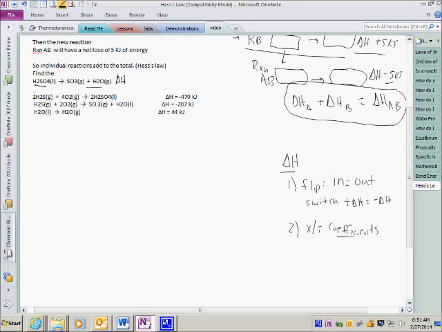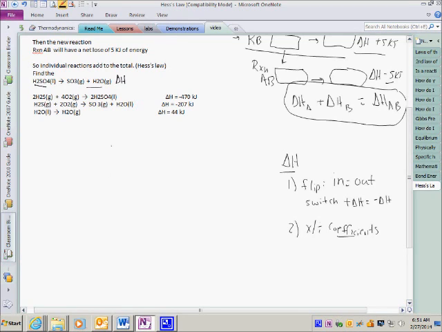They give you subsequent either proposed reactions or well-established reactions, and they have a delta H available with them. So we want to manipulate these equations so that they add up to the overall. And so it's a bit of a game here. I need to flip and multiply coefficients, adjusting my delta H on the fly, so that when I add these reactions up, they equal the overall. So it's kind of a fun little game.